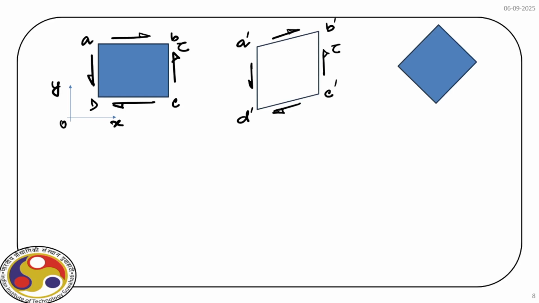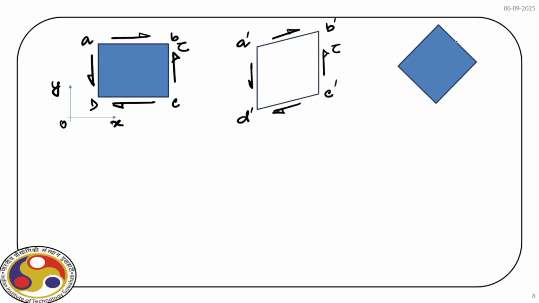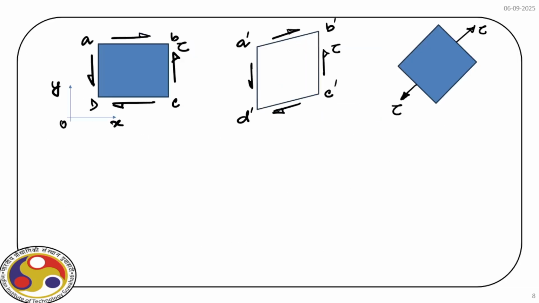So at 45 degree, if you just note this maximum value of sigma n, what effectively we get is on this direction, we have sigma n, which is tau, and in the orthogonal direction, the value of sigma n is minus tau, right? So that means it is acting this way.